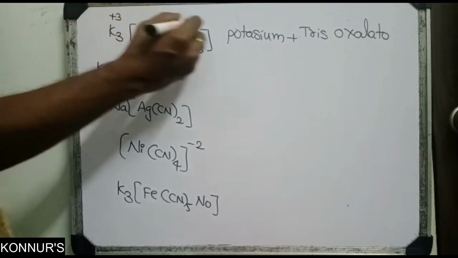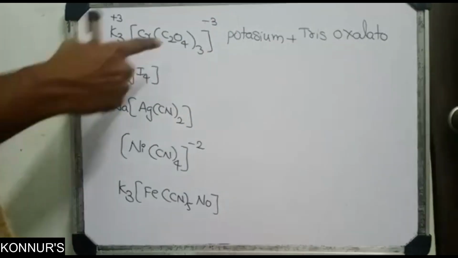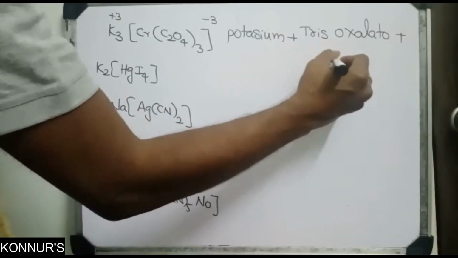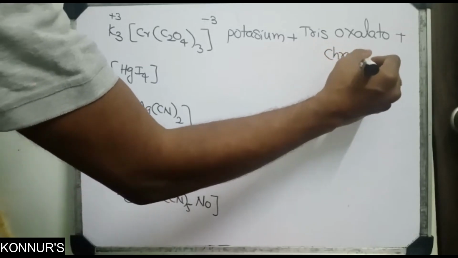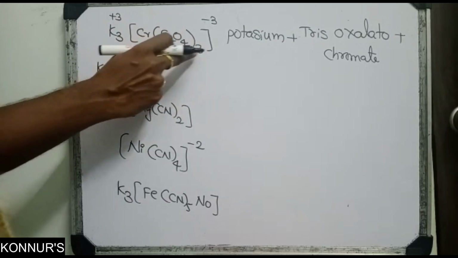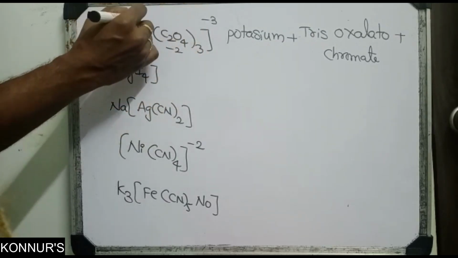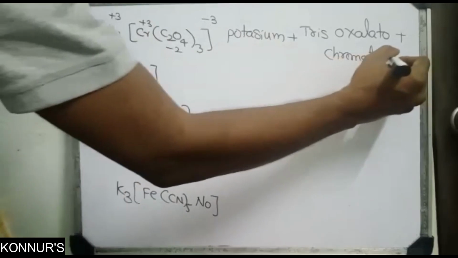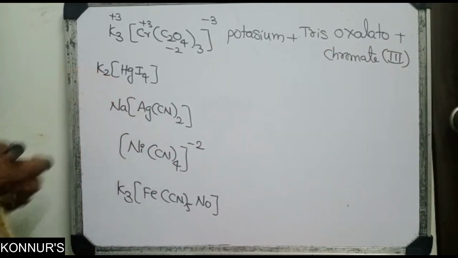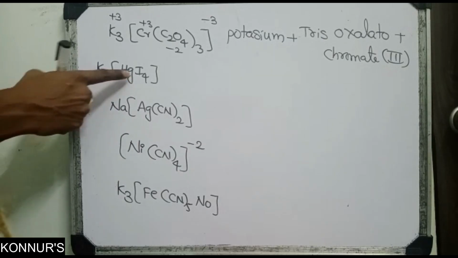Here 3 positives outside, 3 negatives on top. So that's why you call it chromate. Oxalate means minus 2. 3 twos are 6. Already 3 are there. So that's why it is plus 3. So chromate(III).